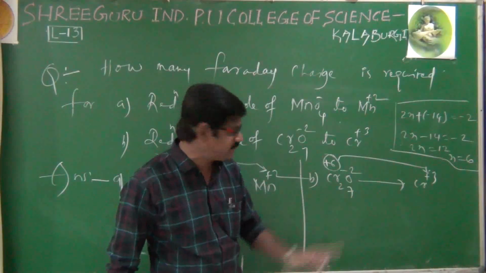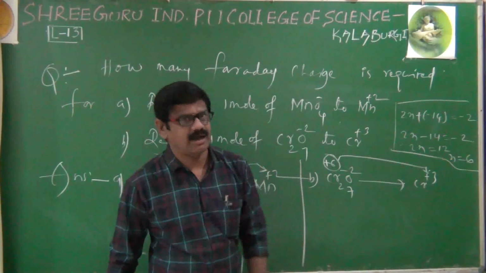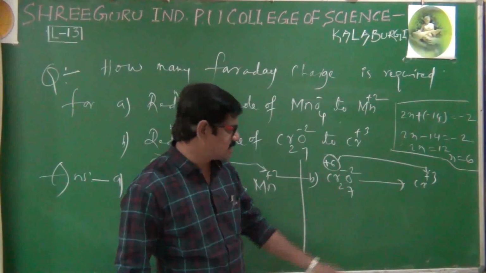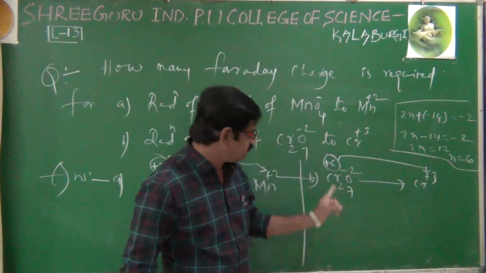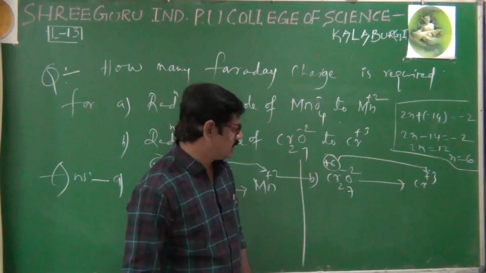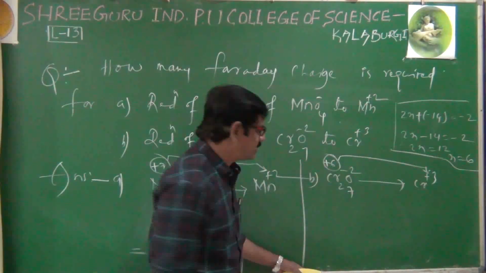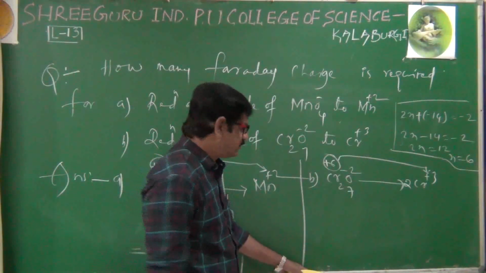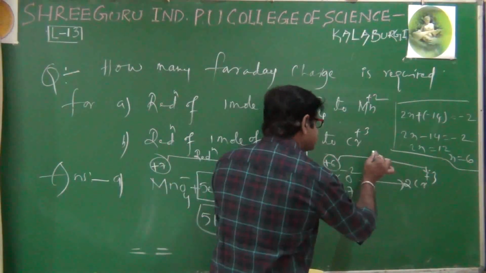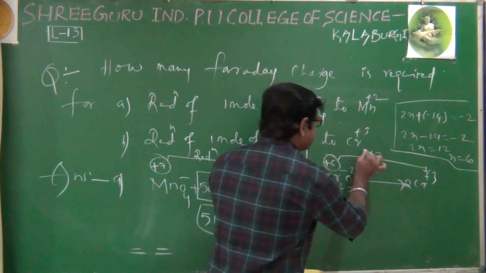If you write 6 minus 3, 3 is wrong. Why? Because the 6 we calculated is for 1 chromium. So first we make the chromiums balance. The left side has 2 chromiums, so we make the right side 2 chromiums also. Therefore 6 minus 3 is 3, but for 2 chromiums we multiply by 2.